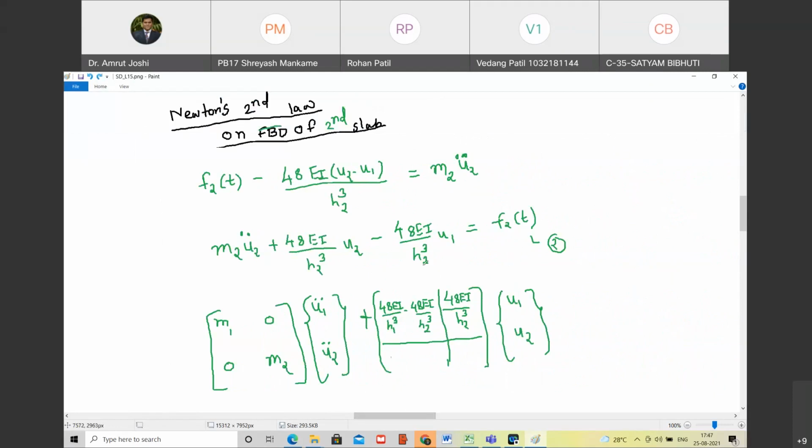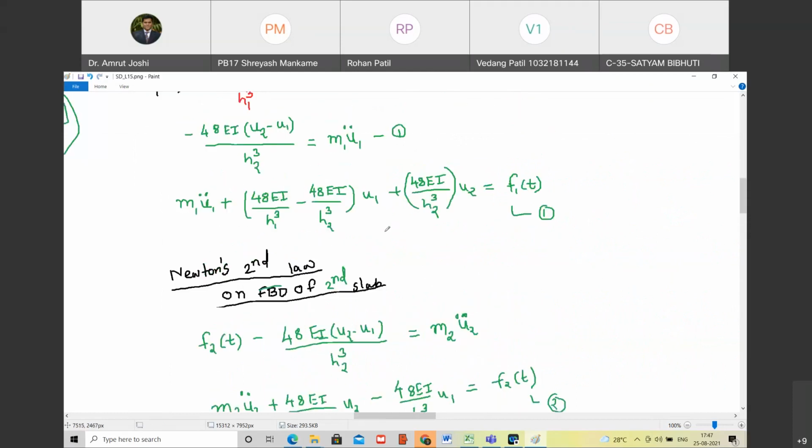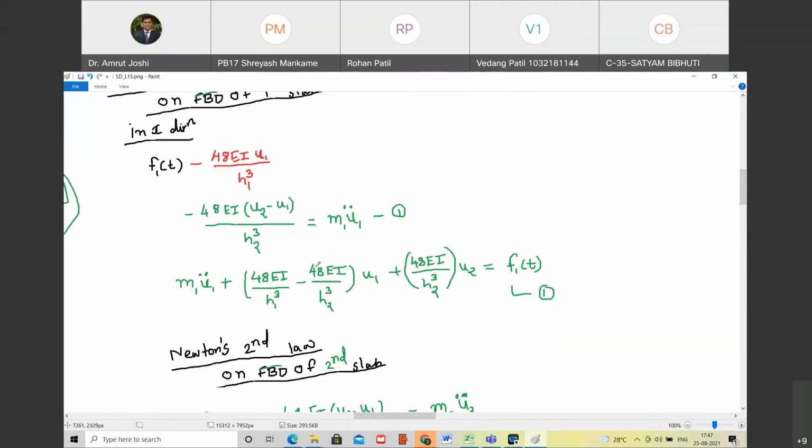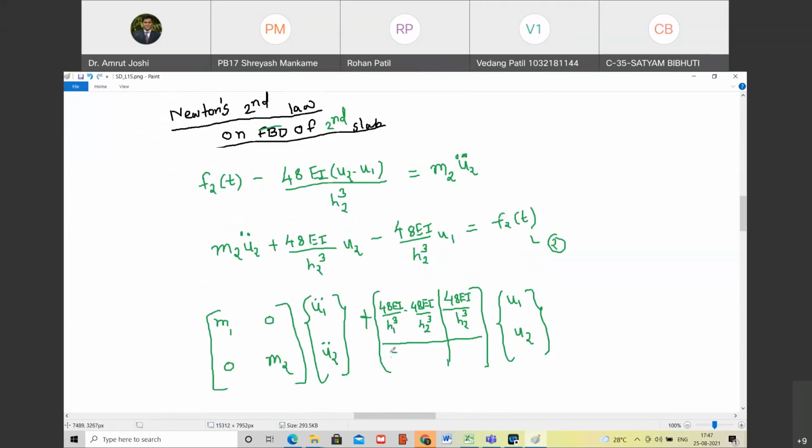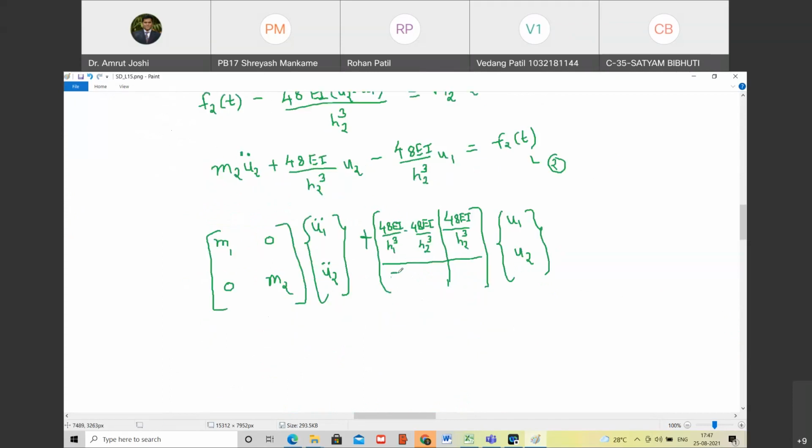What is the coefficient of U1? Minus 48 EI upon, in the second equation, U1 is going to be minus. Okay, let's have a look at this. Minus 48 EI upon H2 cube. Am I right? Yes, sir.